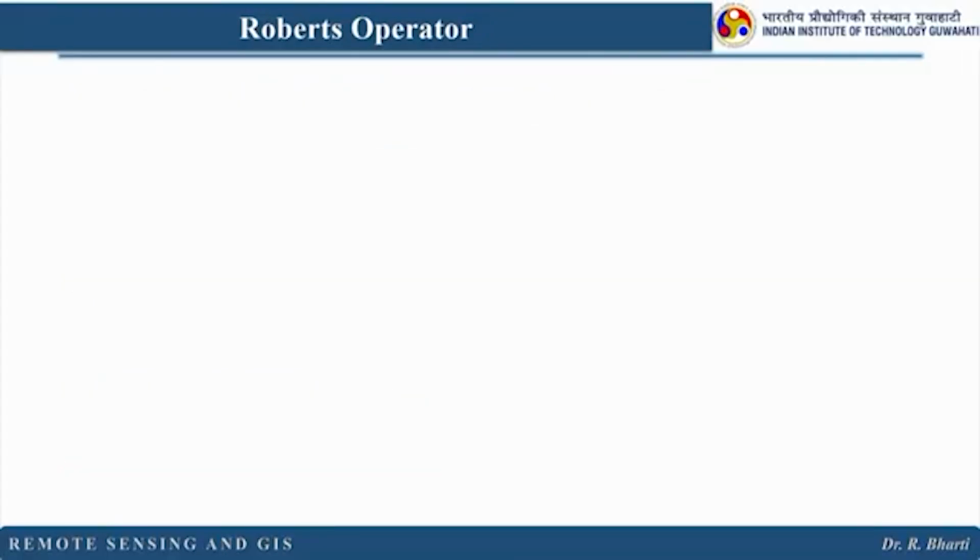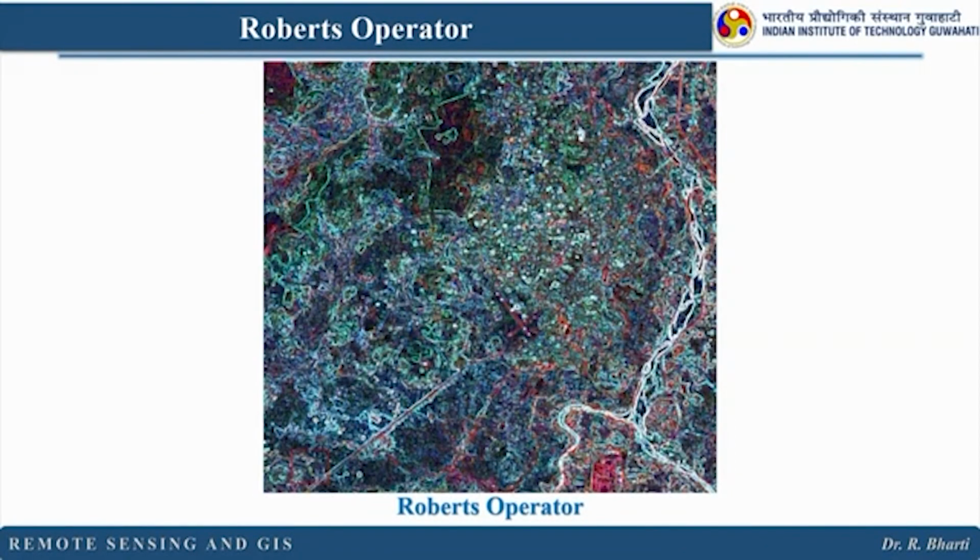That's why I have covered what we mean by edges, how we perceive these edges, and how these gradients are useful in identifying them. So the Roberts operator is one of them, and this is the result of the Roberts operator if you apply it on your satellite image. You can apply it on any image, because the operator doesn't know whether you are going to use a satellite image or an image captured by your phone or a DSLR. It will give you edges whatever you give as input, right.